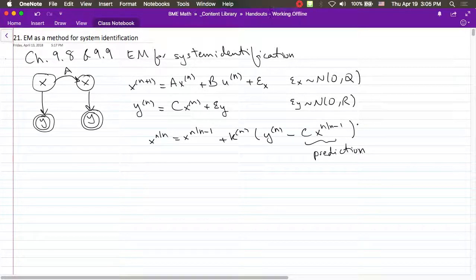What would be the best estimate of X if you had A, B, and C?